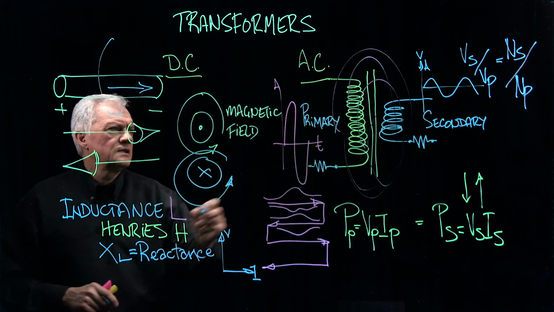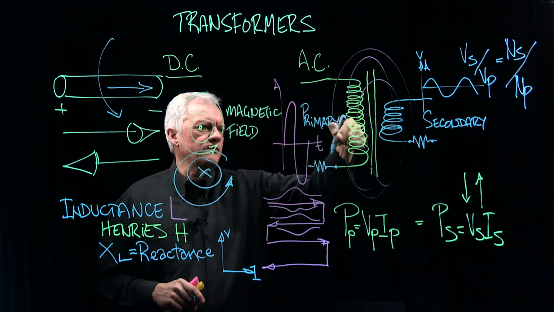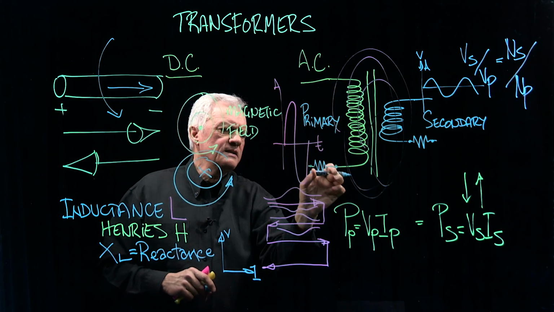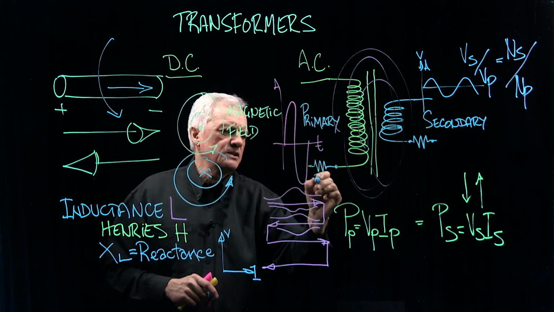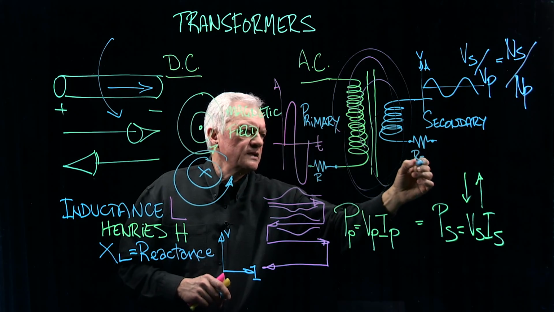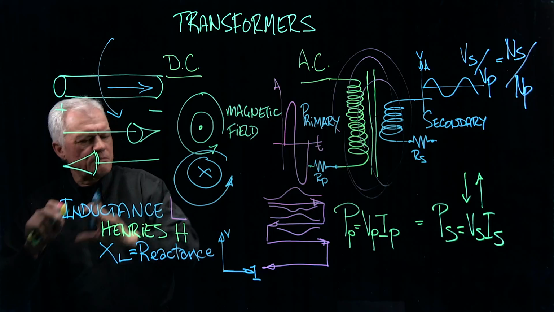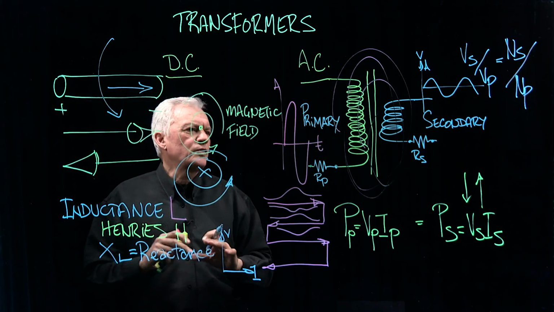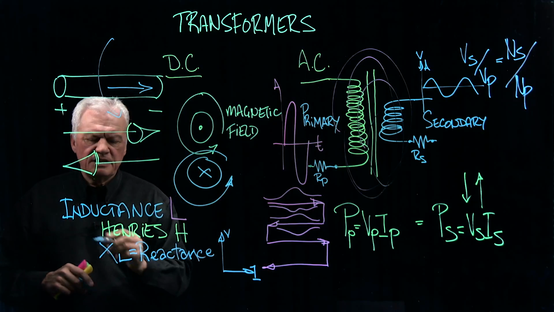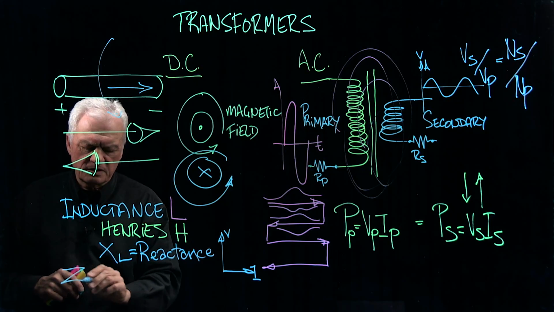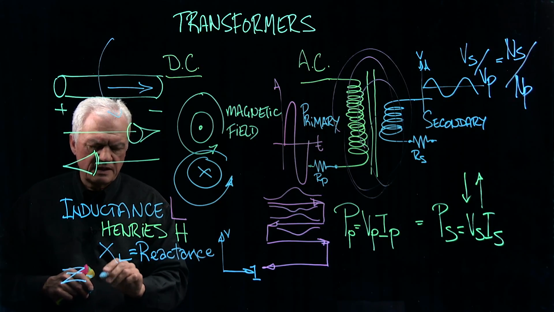So reactance is the pushback to the current flow when the voltage is applied. And in this case here we have resistance. This is pure play resistance. Secondary resistance, primary resistance. So the entire circuit pushing back on what we're trying to apply, that is called impedance. And we denote that with the letter Z, okay? Impedance.